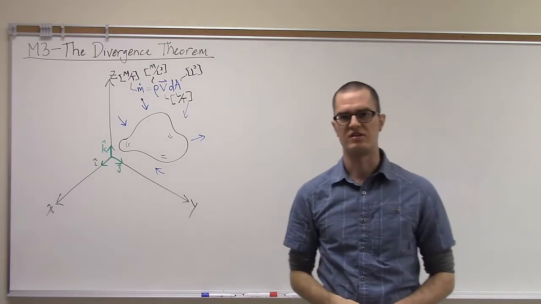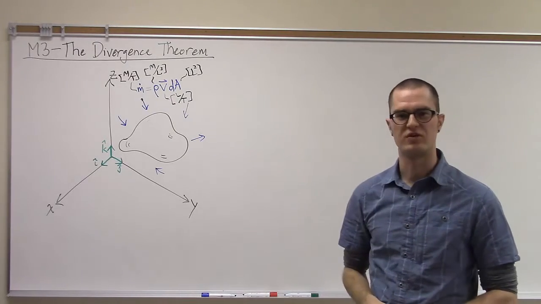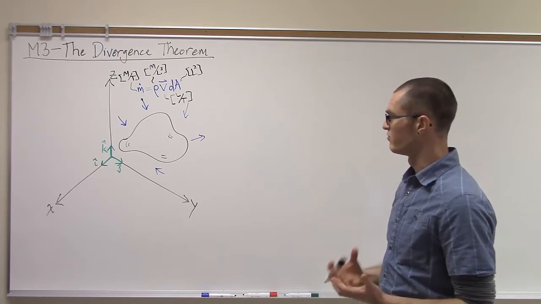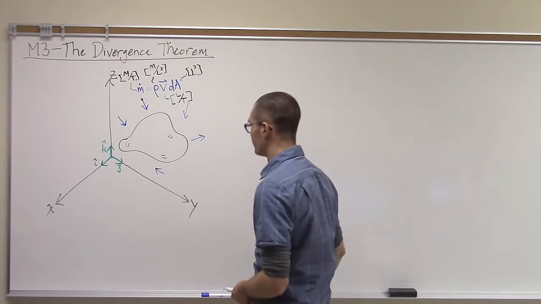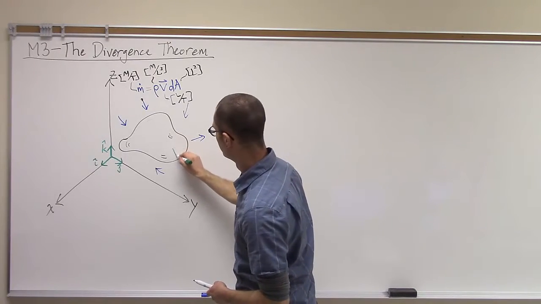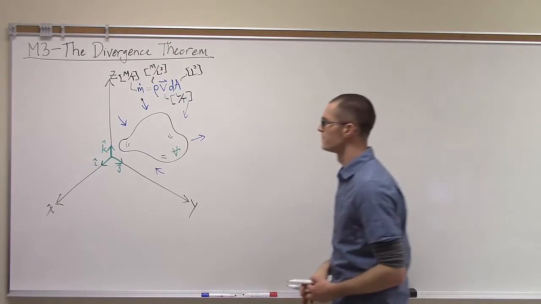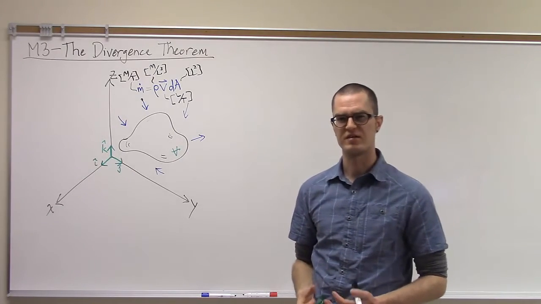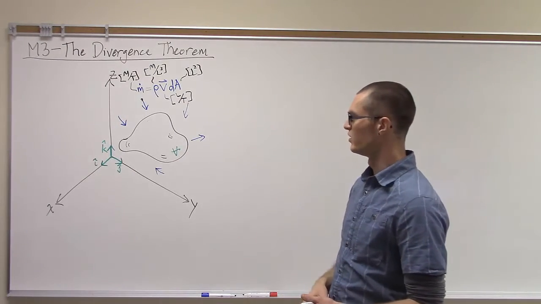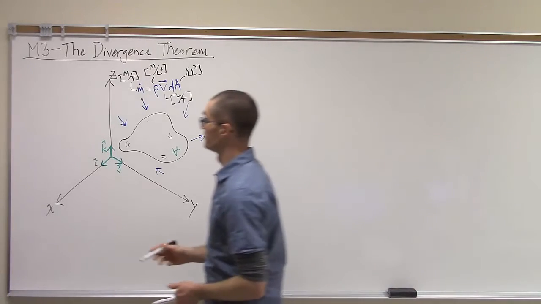Now, to understand why that's useful, we can recognize that for any conserved quantity, looking at a volume of interest, so I'm going to call this volume here V, the balance of that substance flowing through the volume is given by this expression.